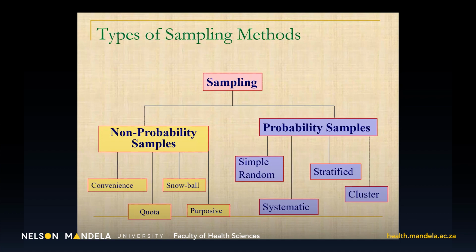Under probability sampling, we will cover simple random sampling. I think some of you have heard about this. We will cover systematic sampling. We will look at what we call stratified sampling and also cluster sampling. And under non-probability, we'll look at convenience, purposive sampling, snowball sampling, and quota sampling.